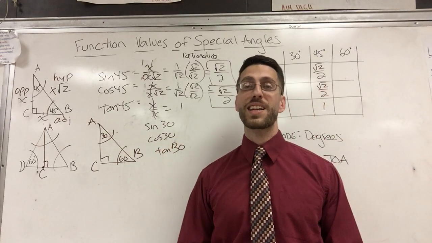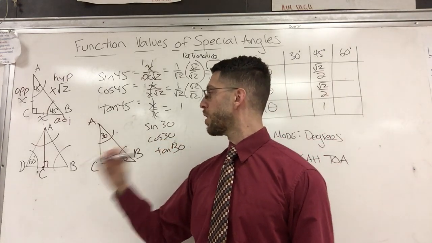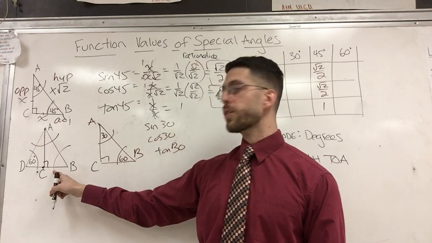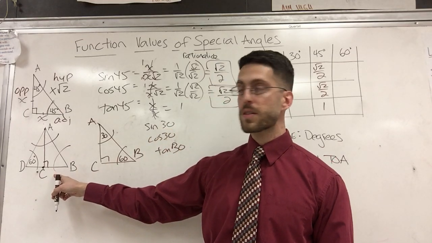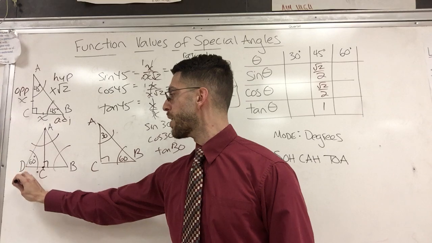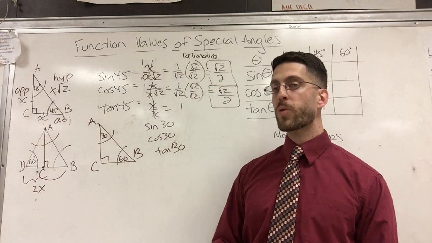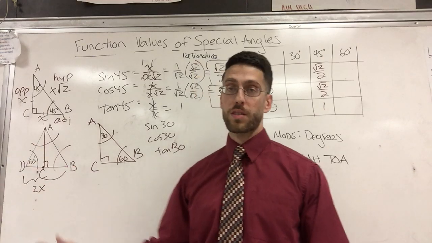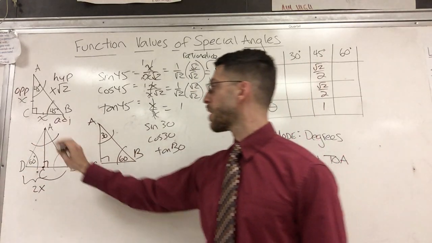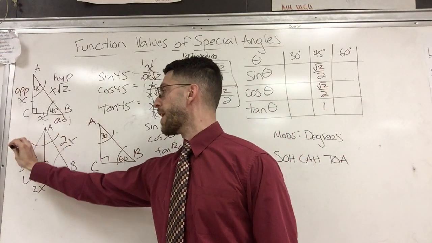The thing is, I need numbers. So I'm going to go over here, and I'm going to label this entire base 2x. And if the entire base is 2x, all three sides, because it's equilateral, equal 2x. So this is 2x, and that's 2x.